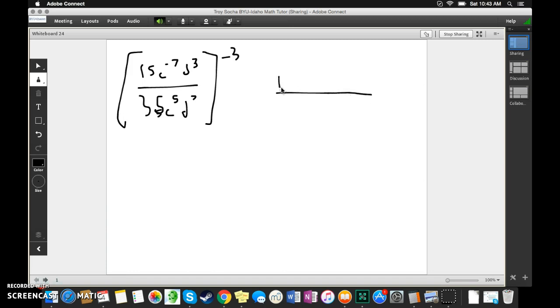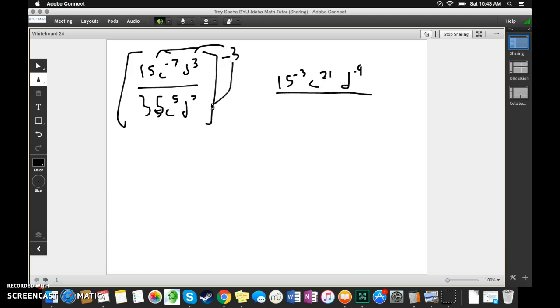So it becomes 15 to the -3, right? 21. All right, so that, if you see, was where we multiplied this out. And if you remember, a negative times a negative is a positive, so we got positive 21.